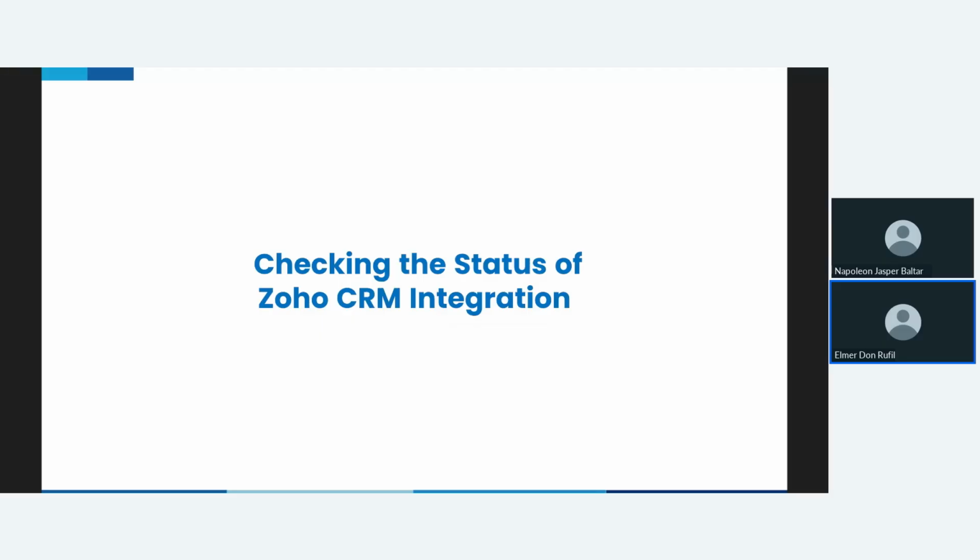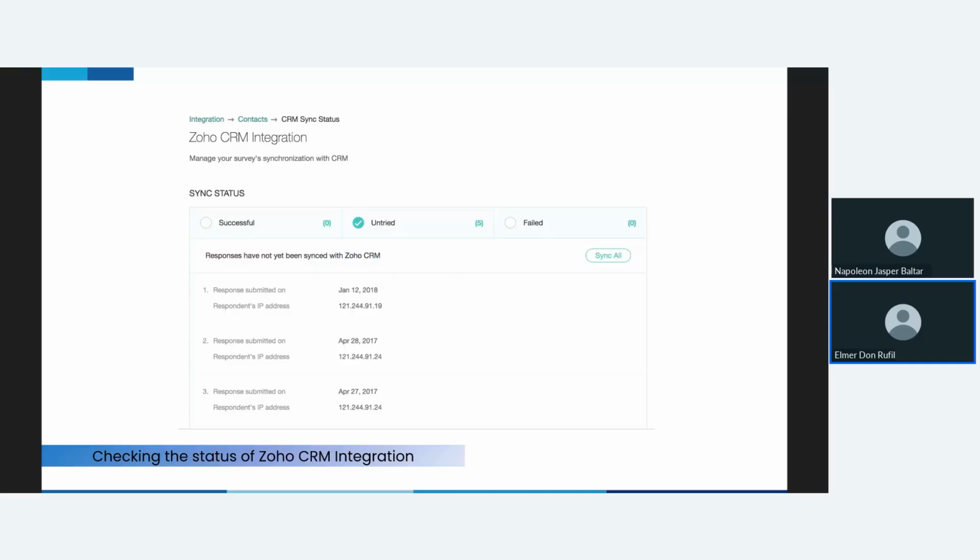It's also important to monitor your integration so you can quickly see whether your data is syncing successfully. On the screen, you will notice several synchronization status options that help you monitor the integration. Let's briefly go through what each one means.